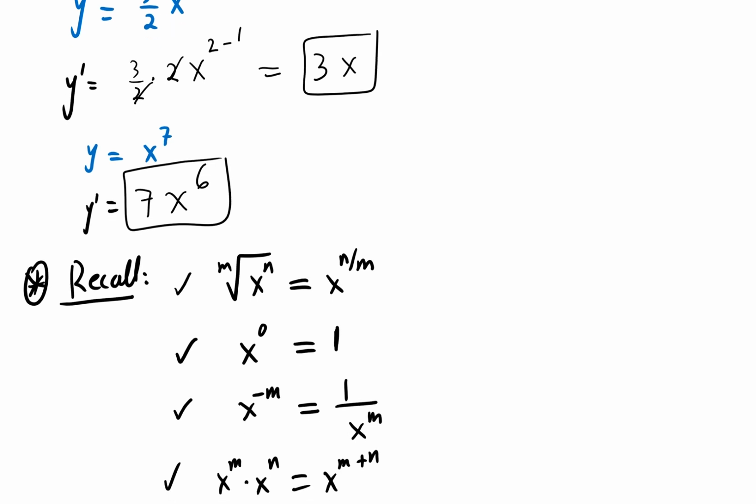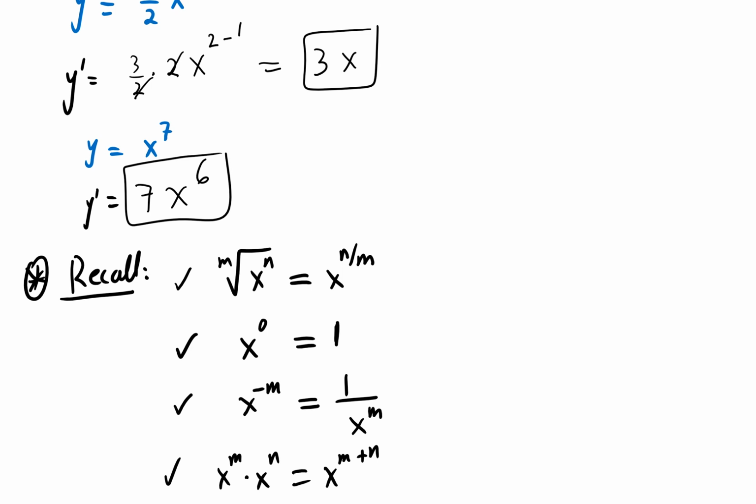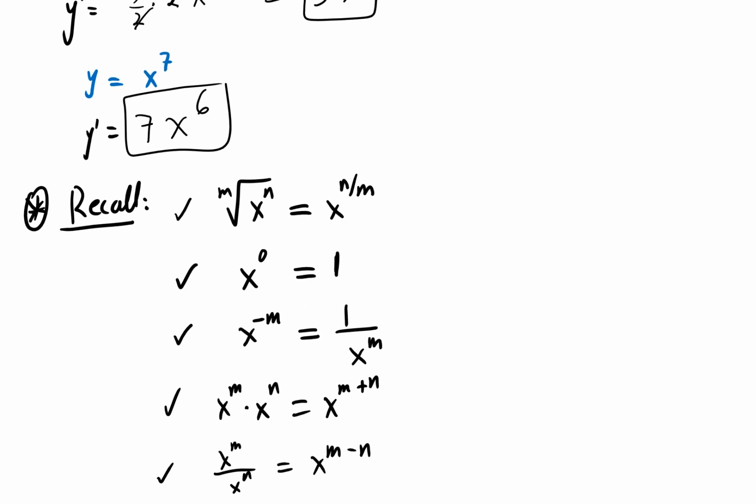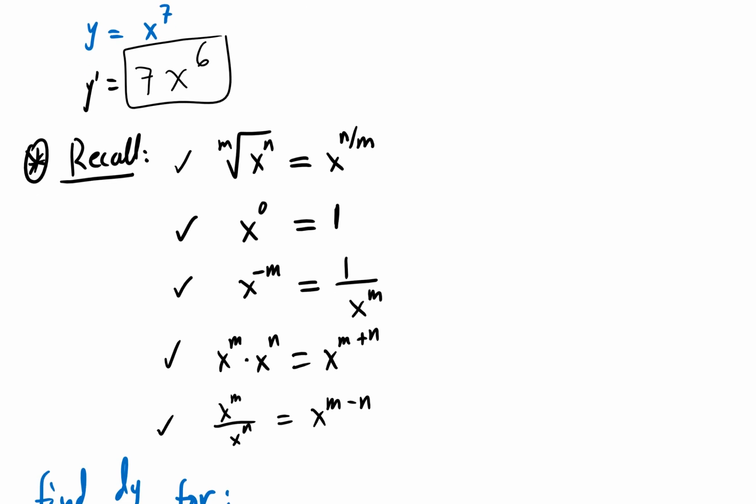If you multiply with the same base, you can add the exponents. If you divide them, you can subtract the exponents. These are properties of exponents from algebra that we need to help us in solving calculus problems.